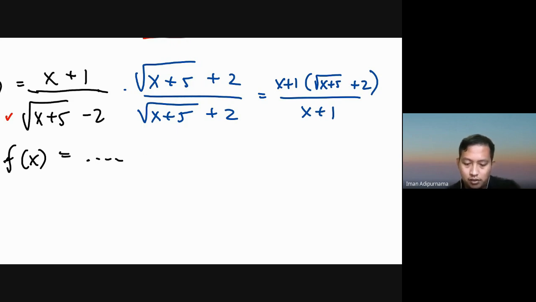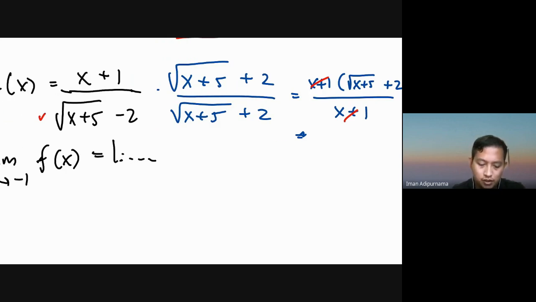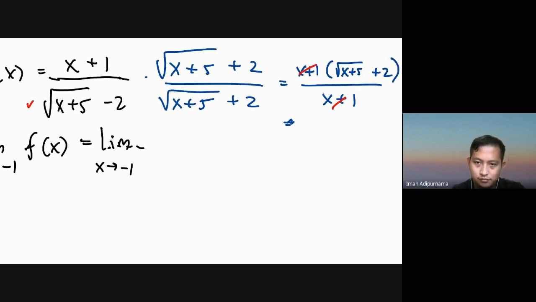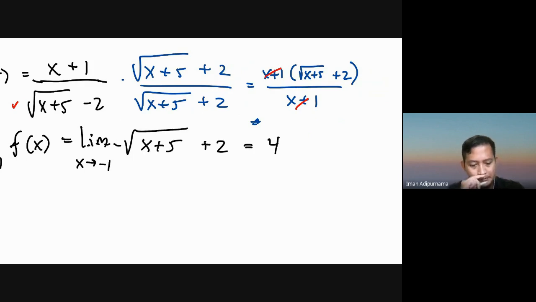And you get the idea here that we can write this as the limit as x approaches -1 of 1 over square root of x plus 5 plus 2, which is 1/4.